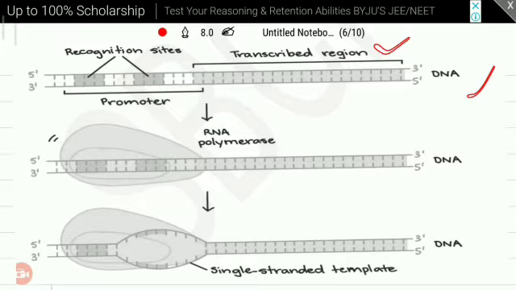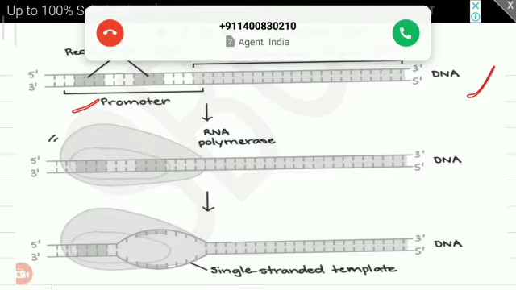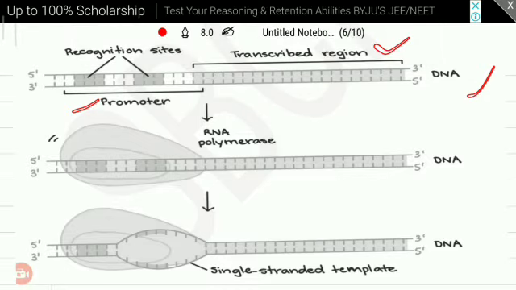This is the only region where RNA is formed, and before that you can see another region called the promoter region. Every gene has a promoter. This promoter has specific recognition sites, and these sites are recognized by RNA polymerase.